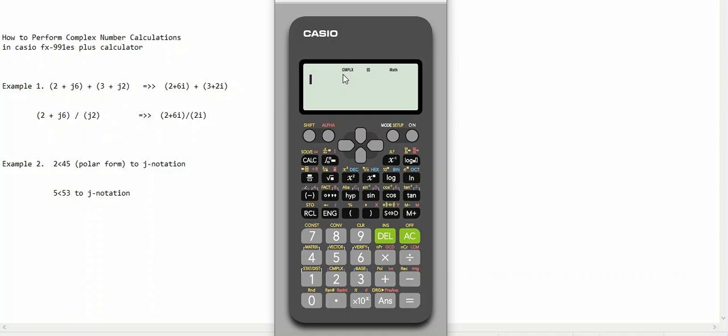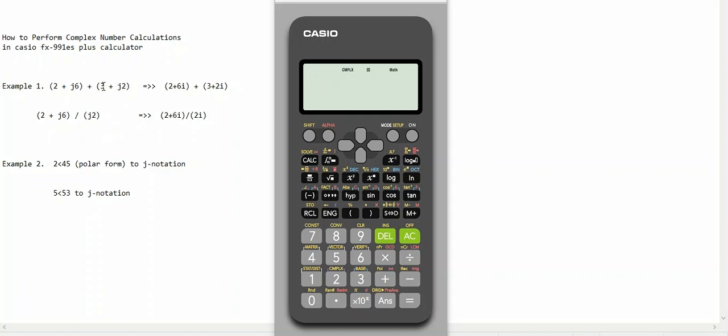It is preferable you leave your calculator in the math mode when doing most of these calculations, though you might get your answers in fractions, which you can easily toggle. Here I wrote out this example: 2 plus j6 plus 3 plus j2, and that is the basic way to represent j notation in your engineering format.